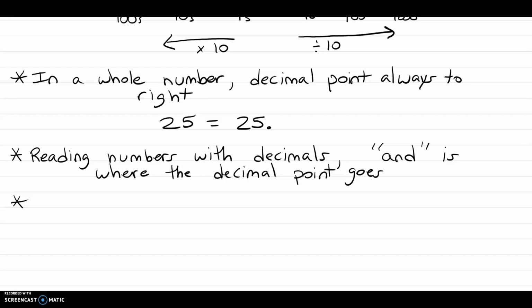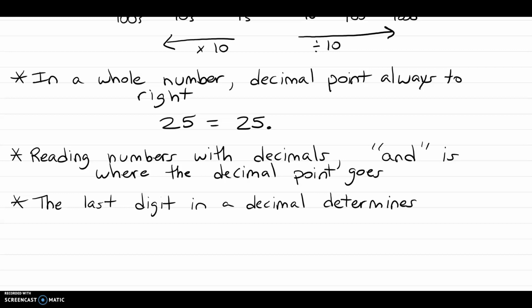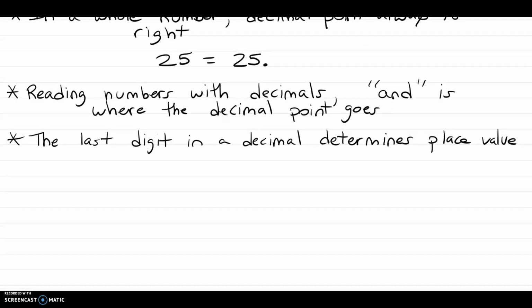And then also when you're reading numbers, the last digit in a number determines the place value. So let's look at some examples.